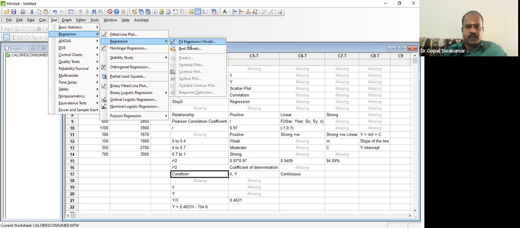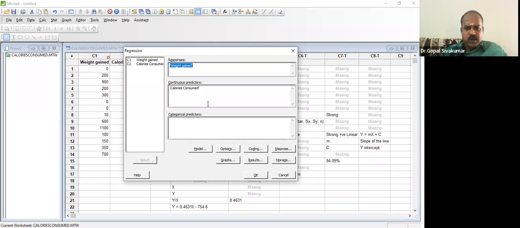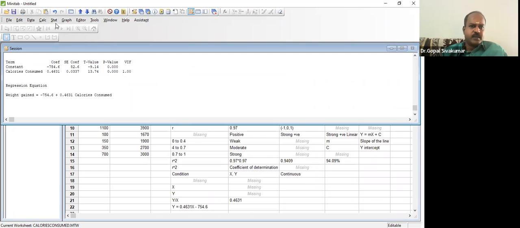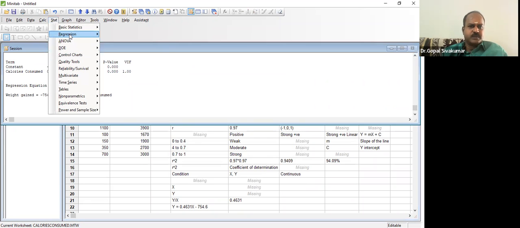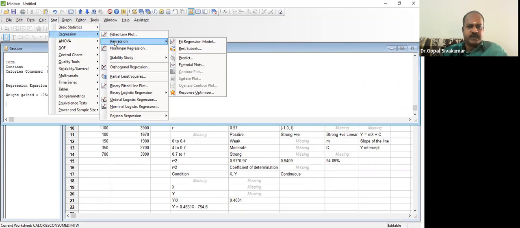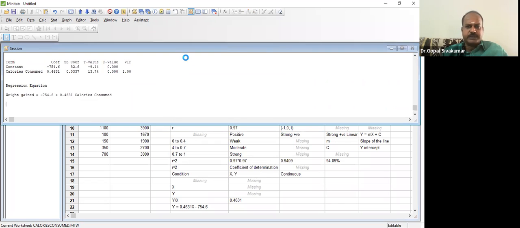Fit regression model. We have fitted it already. Okay, let us do it again. Everything is there. It is done. Now again, go to Stat, go to Regression. Now Predict is enabled. Now go to Predict.